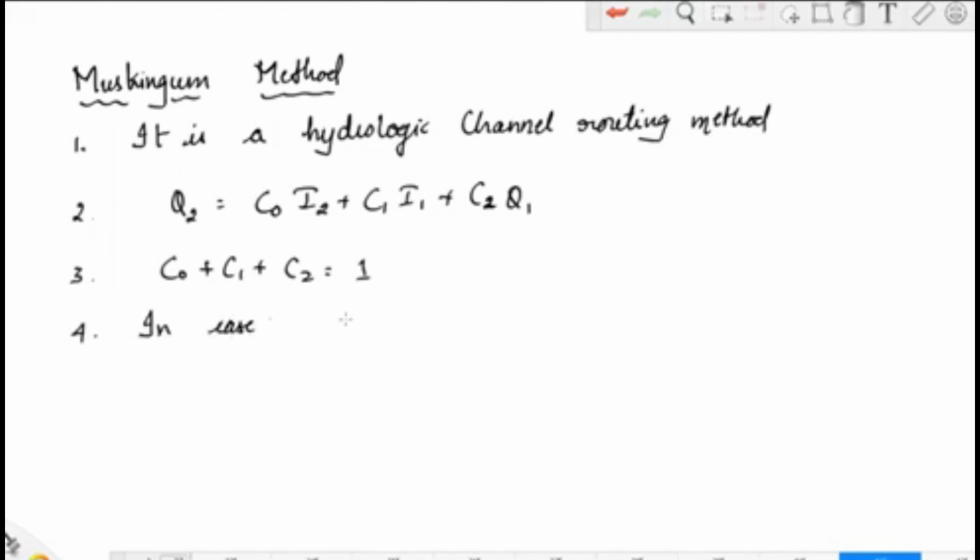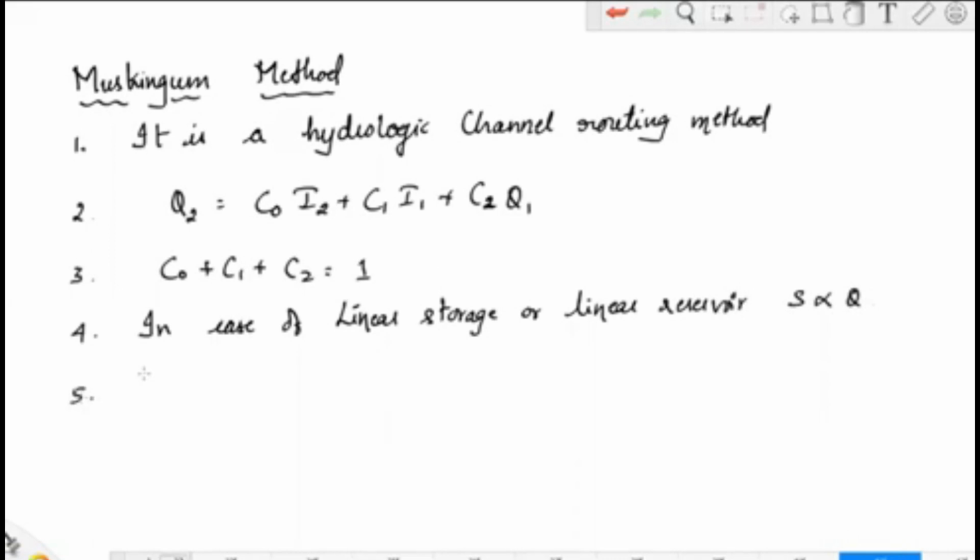in case of linear storage or linear reservoir, storage is a function of outflow only.